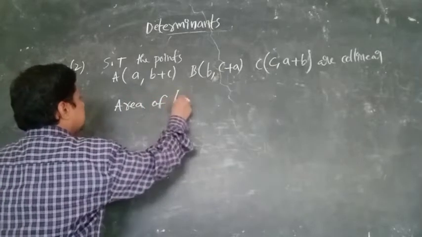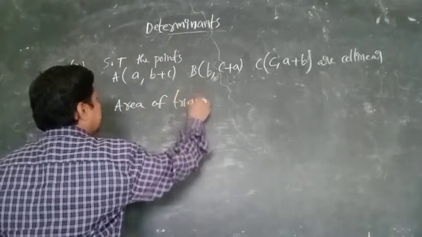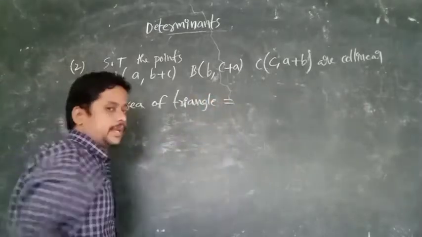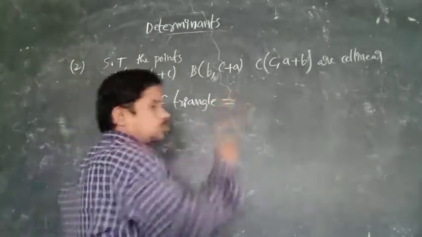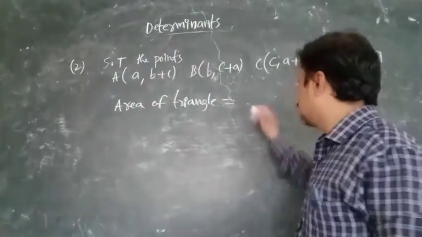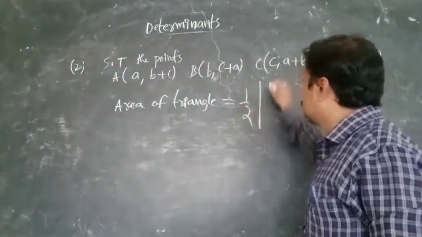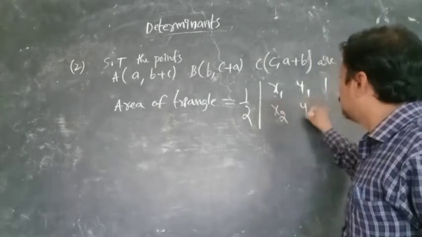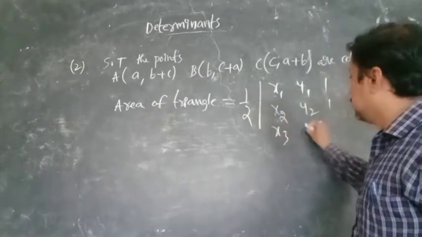Area of the triangle ABC is equal to the formula. Tell me, what is the formula? Half into the determinant x1 y1 1, x2 y2 1, x3 y3 1.